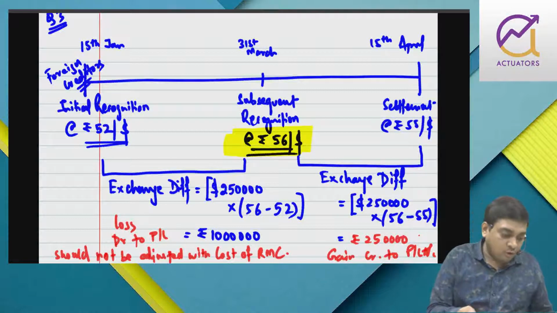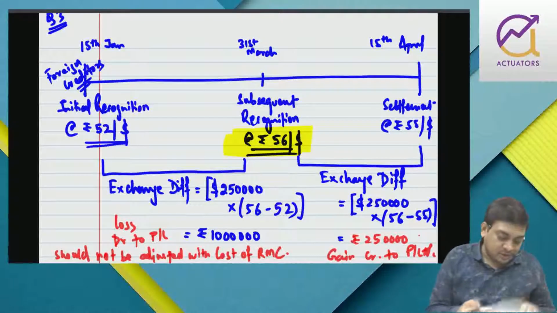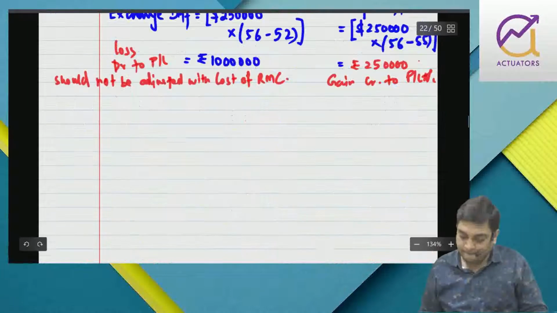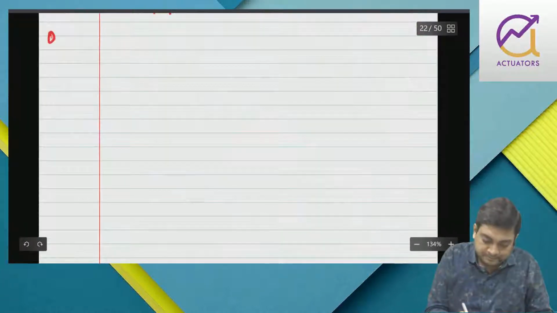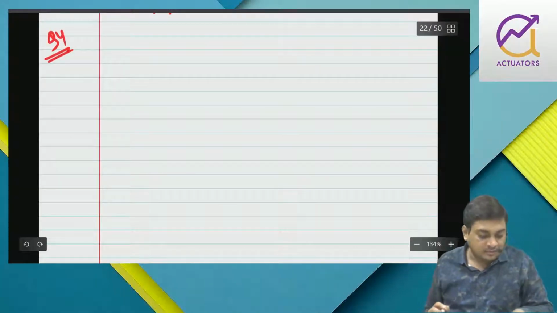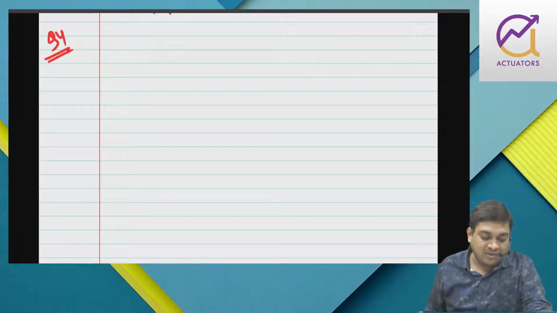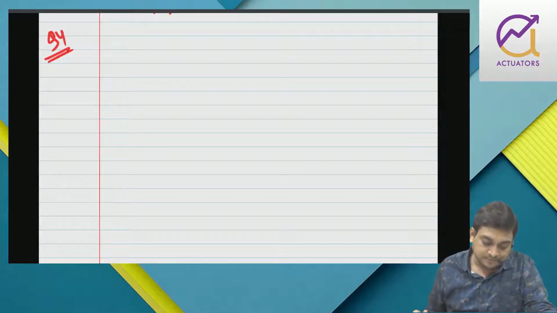Okay. So now question number 4. That was also homework. S Limited purchased equipment at a price of 1 lakh USD on 2nd April. Upon terms of credit, the price should be settled within 6 months from the date of purchase. Fine enough. The company capitalized the asset in Indian rupees at the exchange rate prevailing on the date of purchase.